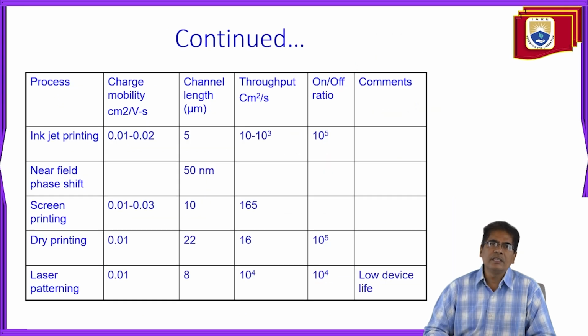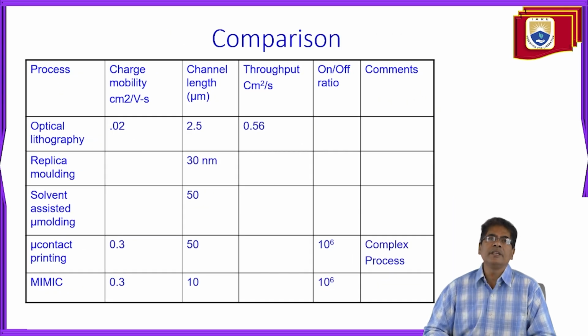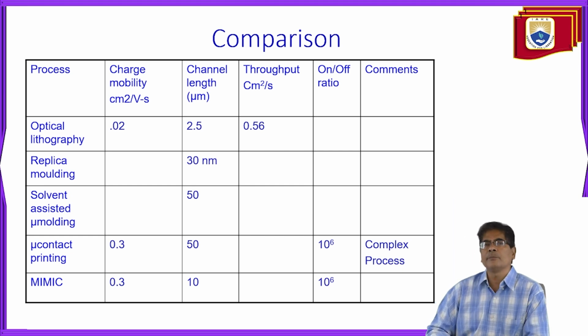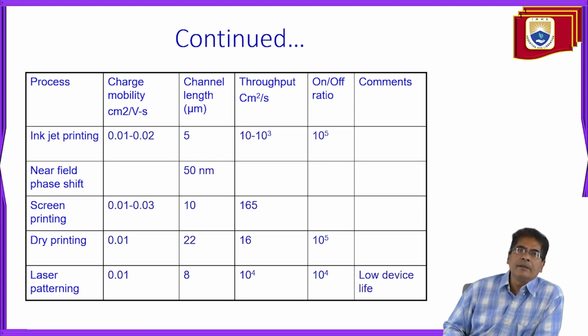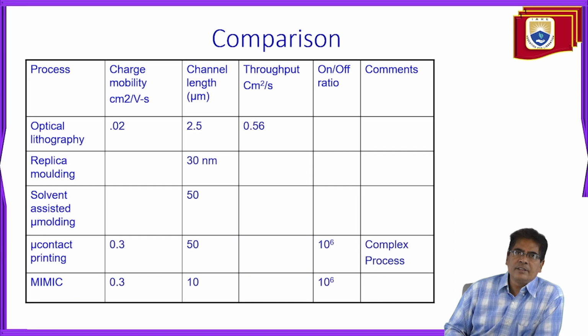And if you see the comparison between different modes, we have optical lithography, replica molding, solvent assisted micromolding, micro contact printing, and MIMIC. And we have inkjet printing, near field phase shift, screen printing, dry printing, and laser printing.